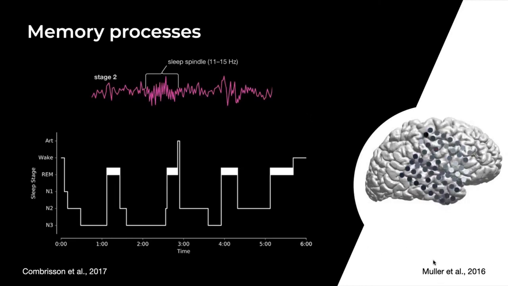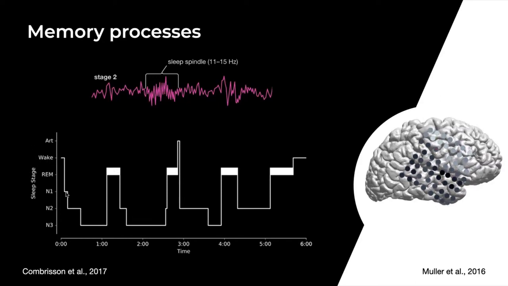In another study by Lyle Muller, in which I was also involved, we investigated sleep spindle oscillations, which are these 2 to 3 second oscillations of around 11 to 15 hertz that occur in non-REM stage 2 sleep. If we look at sleep in humans, we usually cycle through a couple of sleep stages throughout the night. This is indicated in this hypnogram down here.